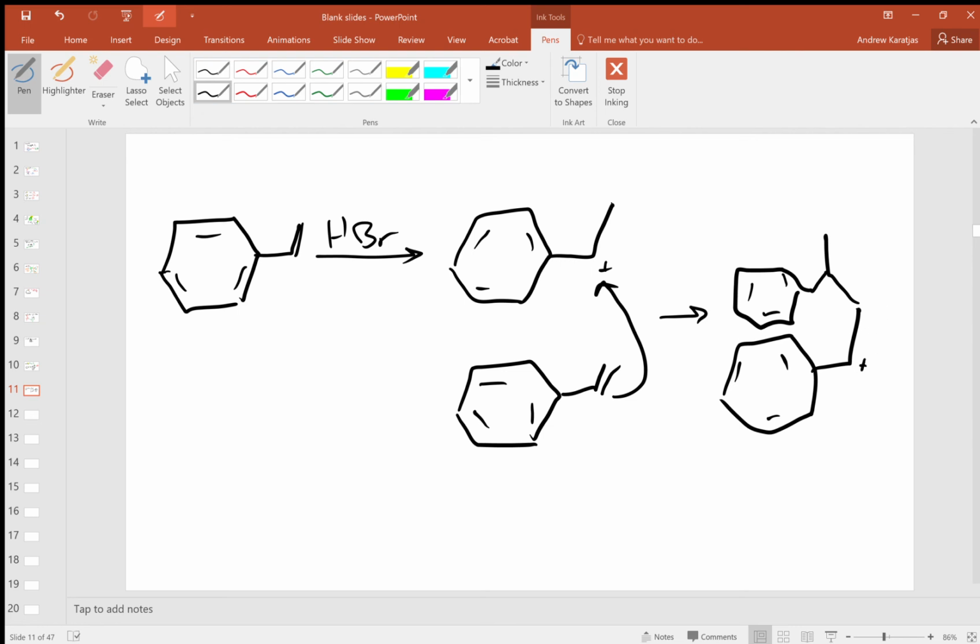And that forms a new carbocation here, which can then get attacked by another alkene and continue on indefinitely. And so it turns out that HX addition can be a very useful way to initiate a polymerization reaction.